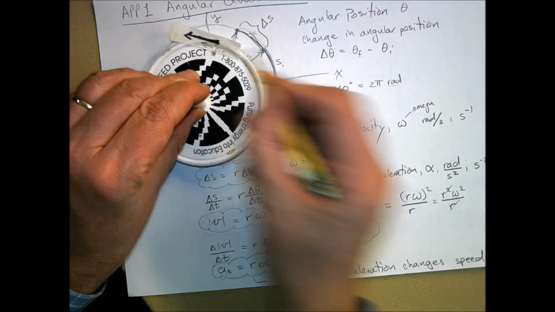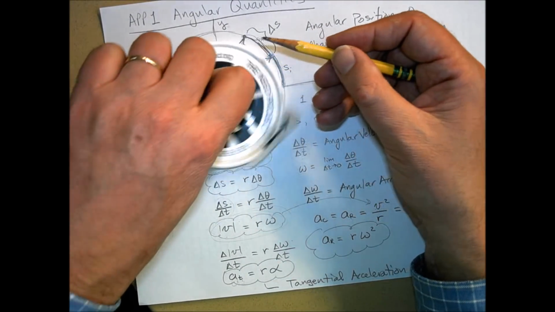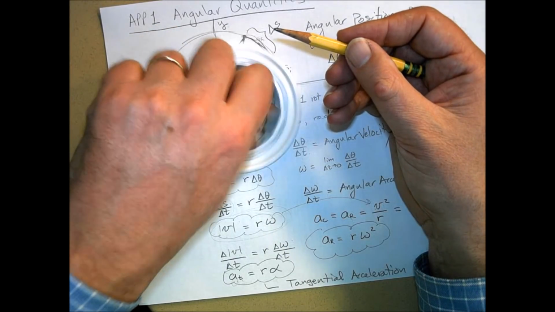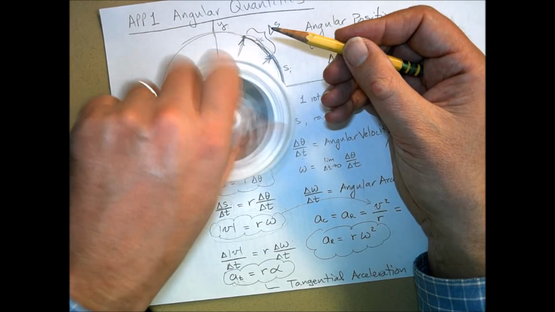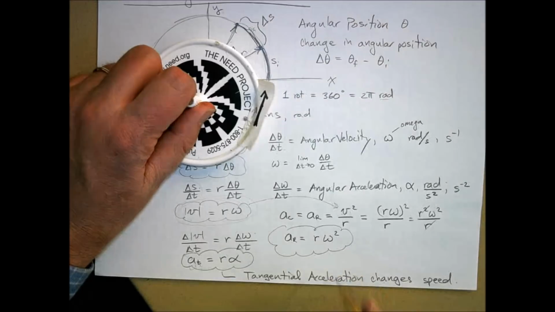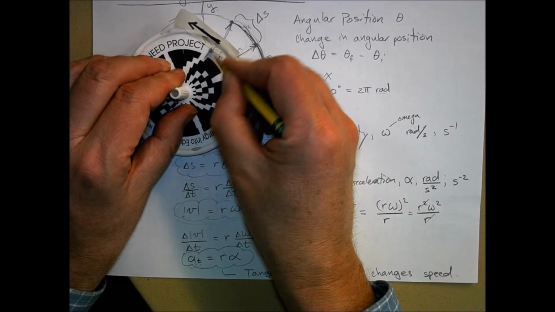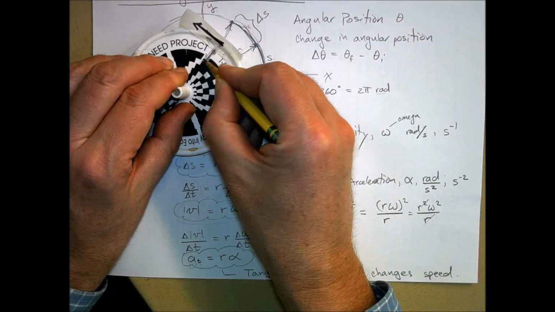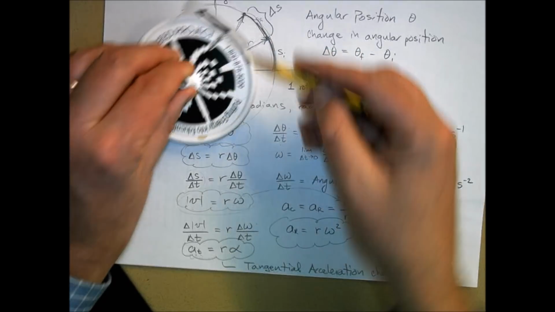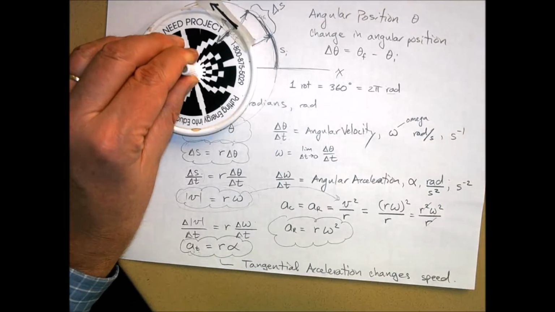My tangential acceleration is increasing the speed faster and faster. Whereas the radial acceleration is pointed in this direction, towards the center of the circle. It's changing the direction of my velocity vector.